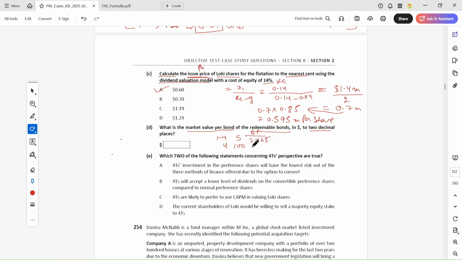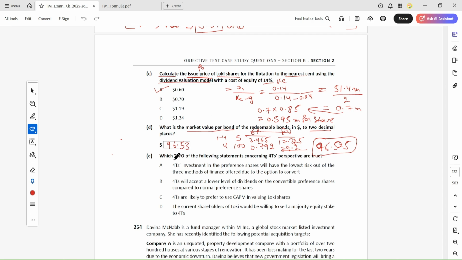I have done many questions like this before, so please solve it by yourself. So the value per bond is 6.5.